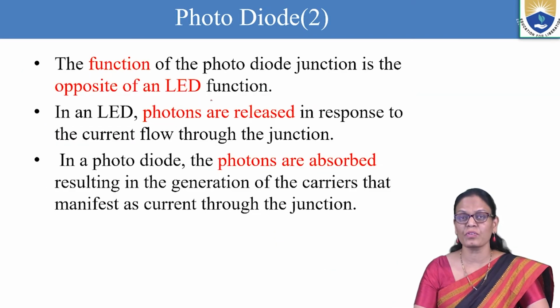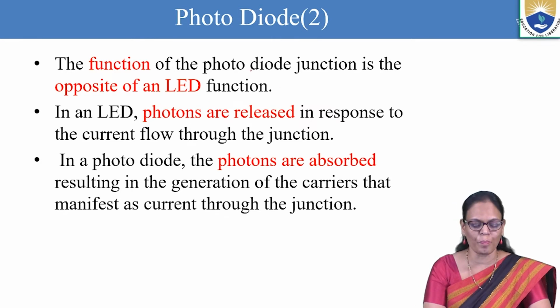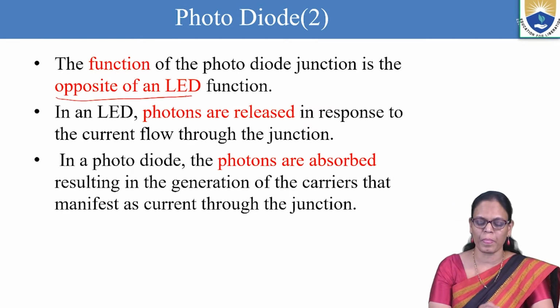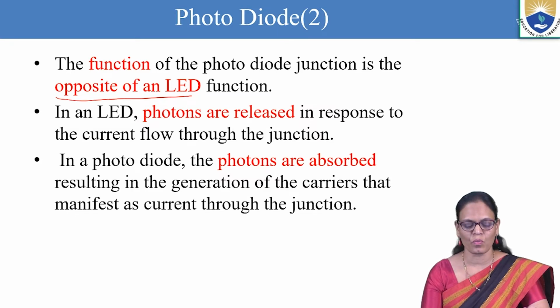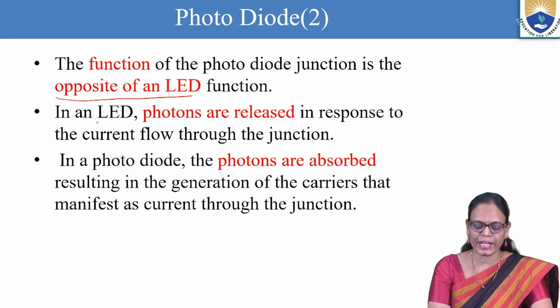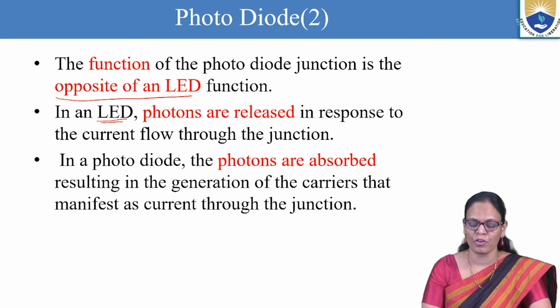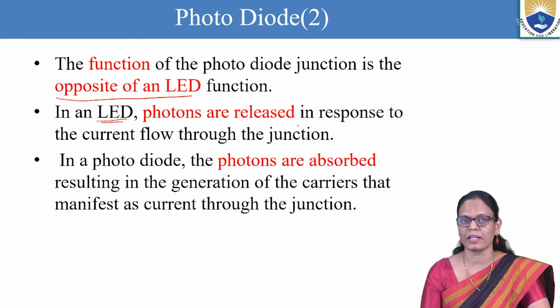Now, the function of this photodiode is opposite to that of an LED. So what is opposite here? We are going to understand. In an LED, photons are released in response to the current flow. This means when we take an LED and allow current to flow through it, light is emitted or photons are released.